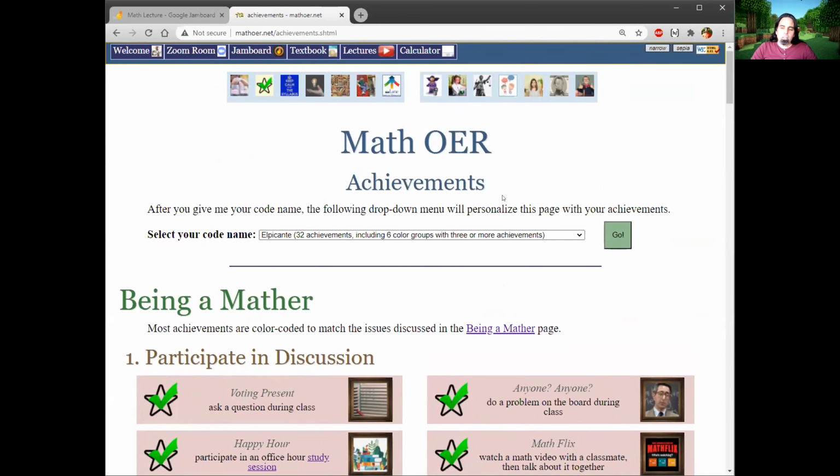And part of this is that it's important to celebrate and recognize all the good things you have done. And too often in math classes, the standards are high, but you never get any credit for actually doing most of the things that make a good student, all of these good habits and ways to participate. So by listing them out explicitly and checking things off as you get them, then at least you and me in some email will go, yay, you've done this one, good job for you.